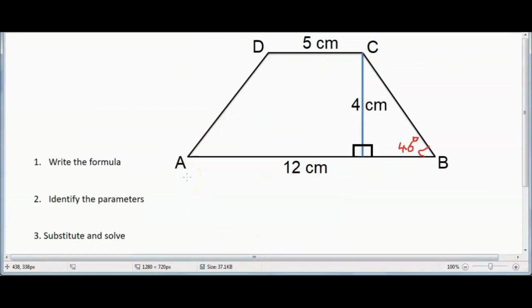ABCD is a trapezium in which the line AB is parallel to the line DC. Line AB is of course 12 centimeters and line DC is 5 centimeters. But BC is the height of the trapezium and is the same thing as 4 centimeters.